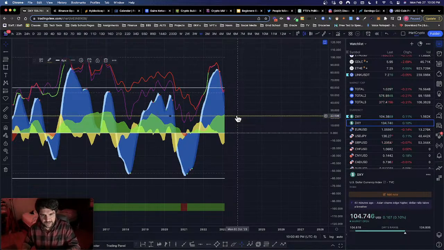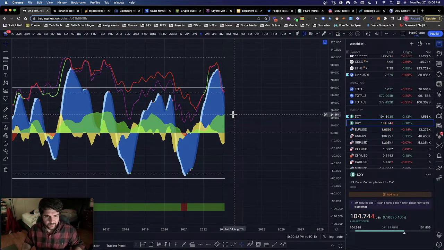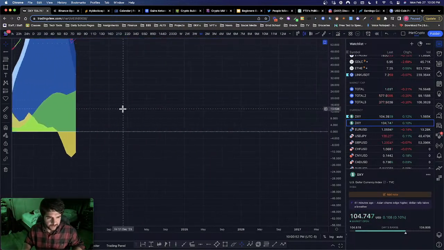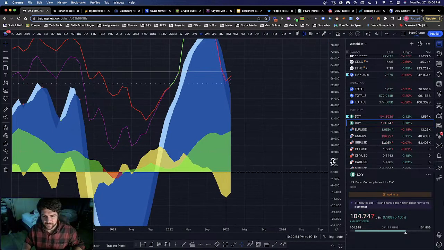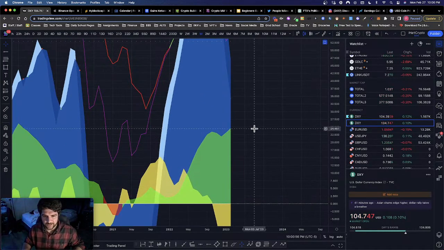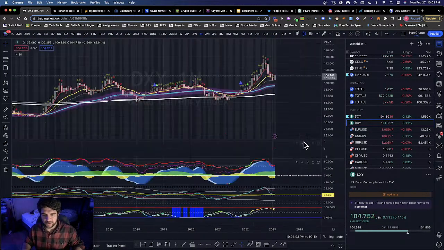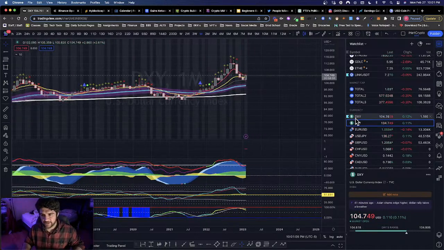Money flow hasn't really come up more than back here in 2017, although it's on its way up. It has made a higher high on the monthly, so that looks very, very bullish at the moment. I am a little bit more bullish on the Dixie than anything.